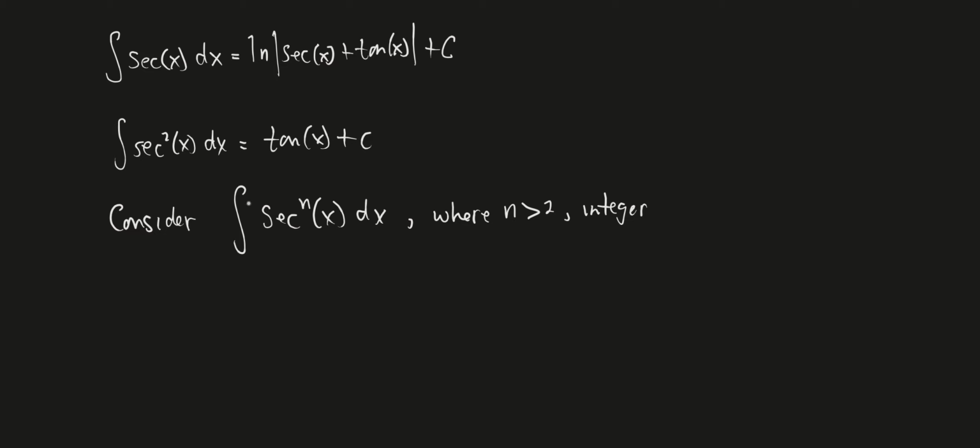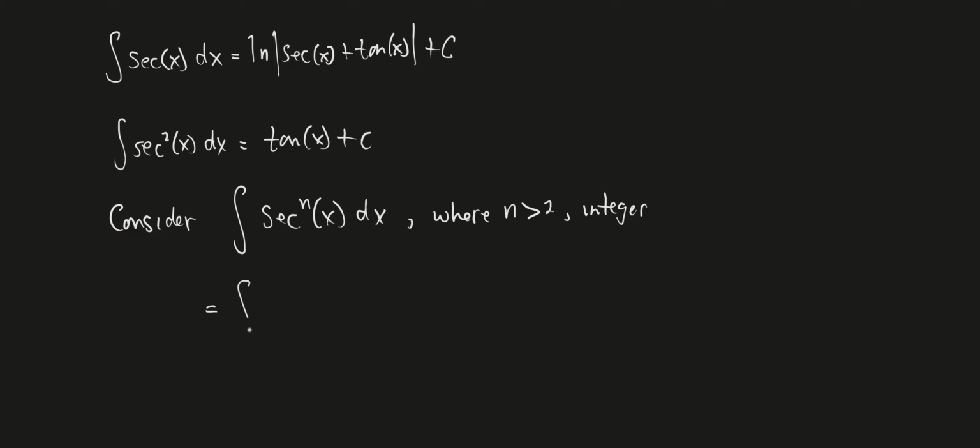The relationship will relate this integral with ones that involve smaller powers of secant. In fact, these two right here. So the first thing we're going to do, since n is an integer that's greater than 2, I can factor secant to the nth power like this.